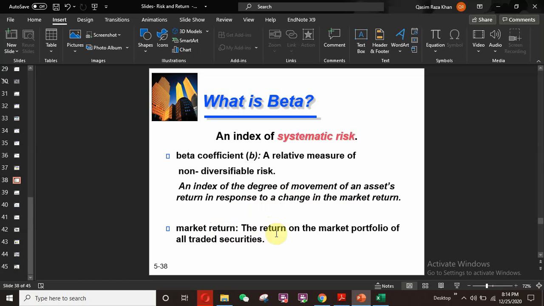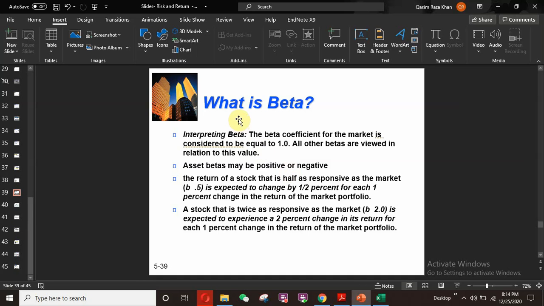Market return is the return on the market portfolio of all traded securities. That is how we find the market return: all traded securities are part of the market portfolio, and the return of the market is calculated on the basis of the market portfolio.